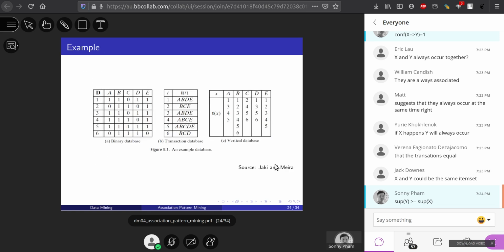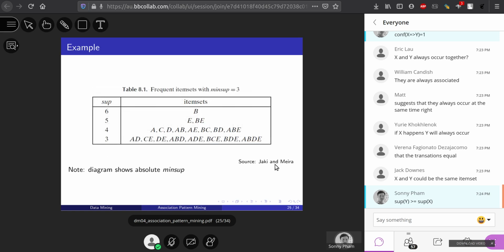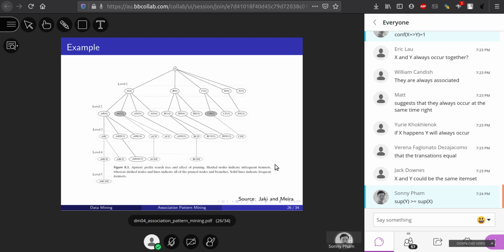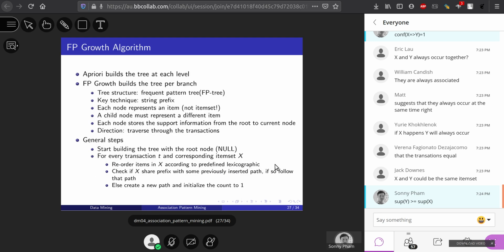All right, the second algorithm is FP-Growth. I hope that you have gone through the exercise or the example shown in the slides here, so I won't have to go through it. We focus on the particular problem. FP-Growth is another approach to finding frequent item sets in transaction data sets.